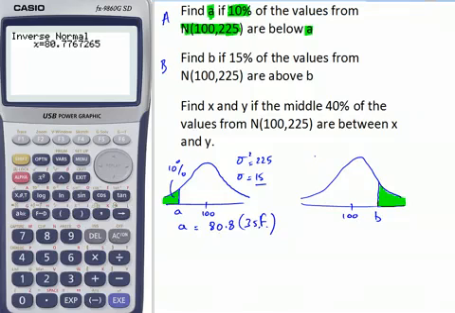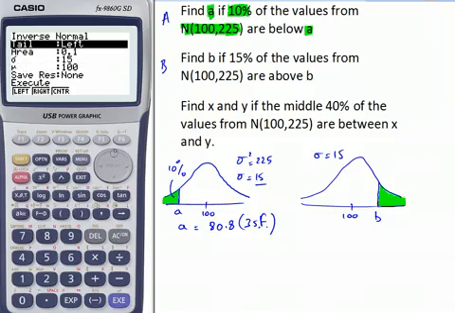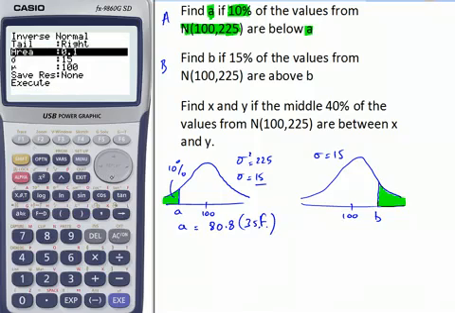Nothing else has changed in this case, so all these values are the same. Back to our calculator. Press exit, go back up here. This time, of course, you can see we're going to press F2. It's the right-hand end we're interested in. The area is 0.15. Remember, it's 15%.